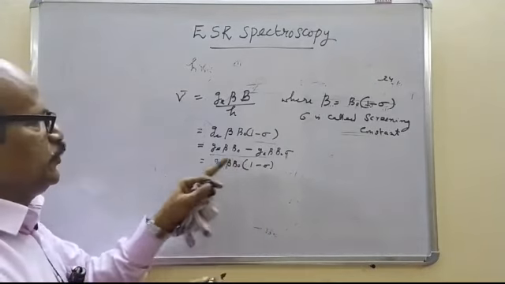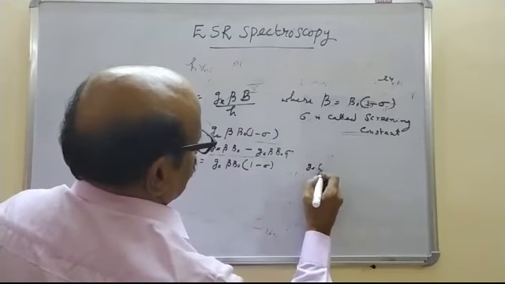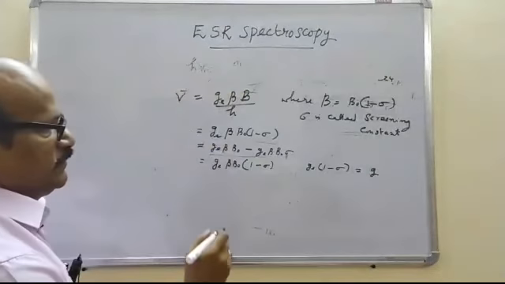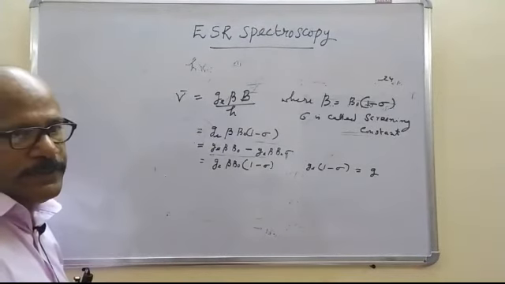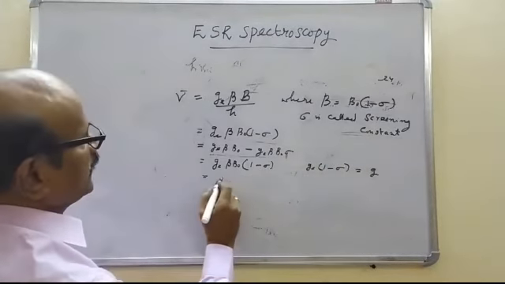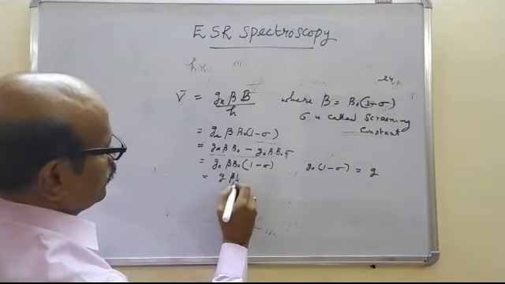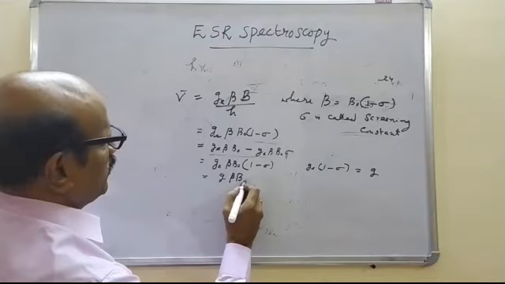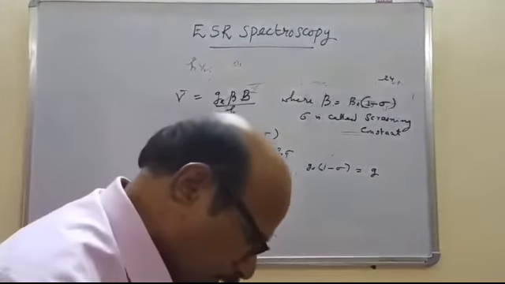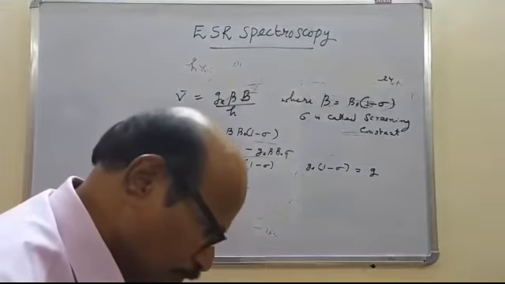The term g into (1 minus sigma) can be taken as g, the g factor of the real unpaired electron in the molecular system. Therefore, g into (1 minus sigma) can be replaced by g. Therefore, the equation now becomes g beta B0 by h.